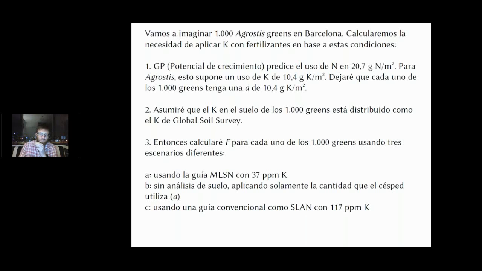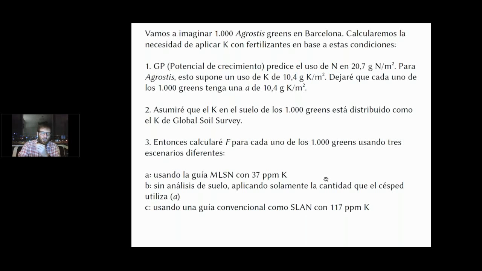And then I don't know what the soil test levels are, but I think it's reasonable to assume that the distribution of potassium in those 1,000 greens is something like it is in the Global Soil Survey. Based on different soil test levels for potassium, and all of those greens having a requirement of 10.4 grams, we'll calculate the fertilizer requirement F using 3 different methods.